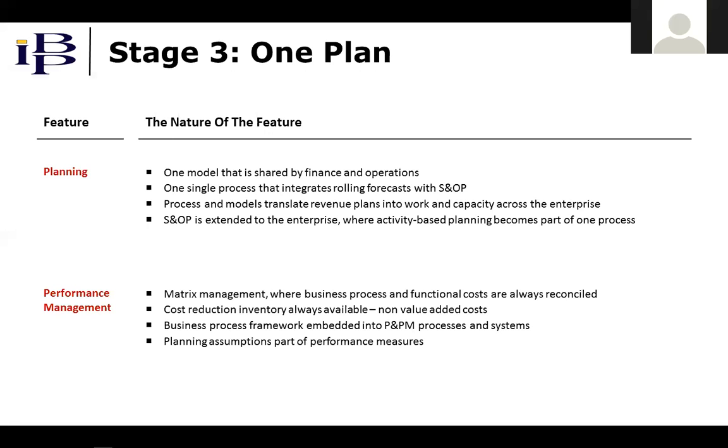It's always available. I don't have to do a special cost reduction study or anything like that. It's always available. There's one business process framework that's been embedded into a planning and performance management process. And the planning assumptions that are part of the planning are exposed in the measurement system. And that's a really big issue because most companies who do planning, assumptions are often buried in spreadsheets.